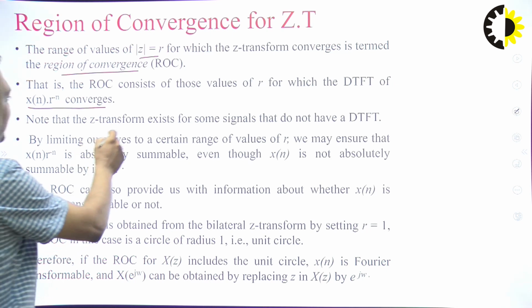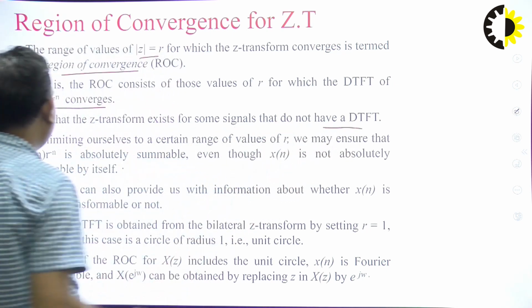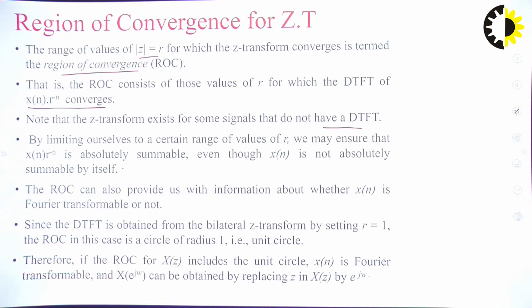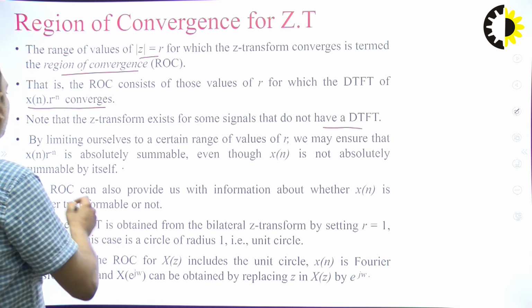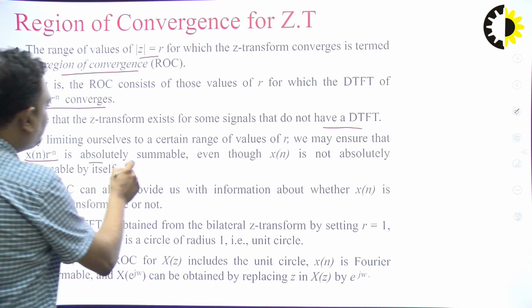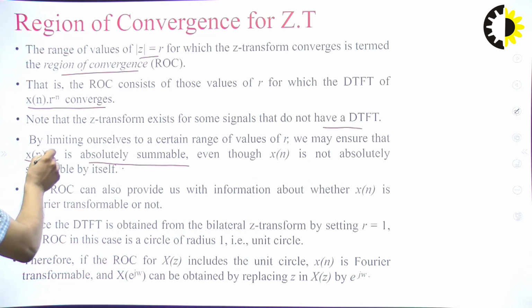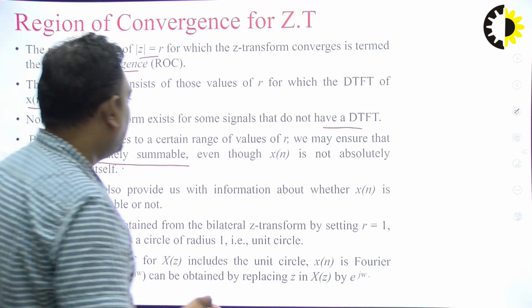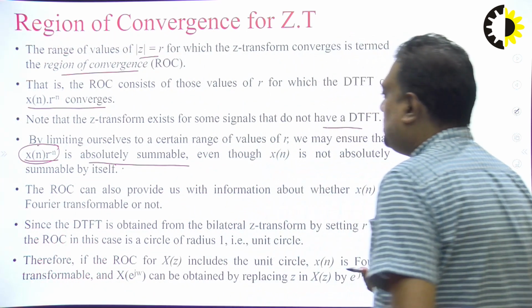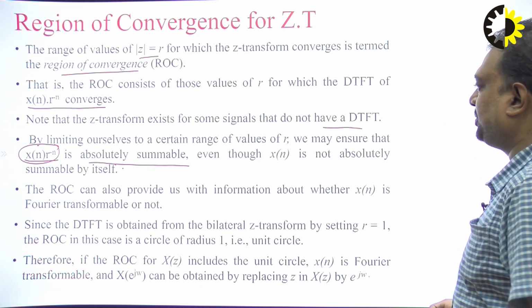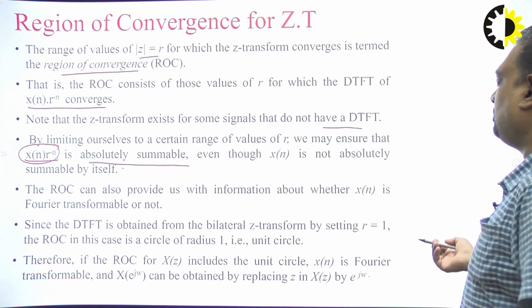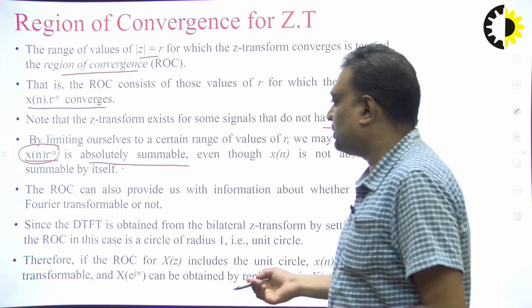Also, the Z transform exists for some signals that do not have a DTFT. By limiting ourselves to a certain range of r, we may ensure that x[n] times r to the power minus n is absolutely summable, even though x[n] is not absolutely summable. So if we multiply by this decaying term, the signal can become absolutely summable. Again, ROC provides information about whether the signal has a Fourier transform or not.